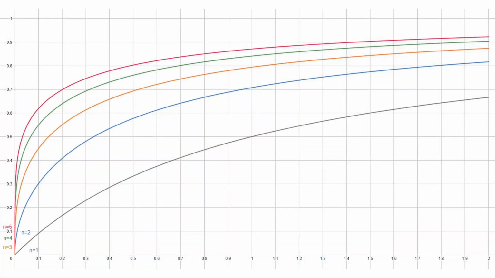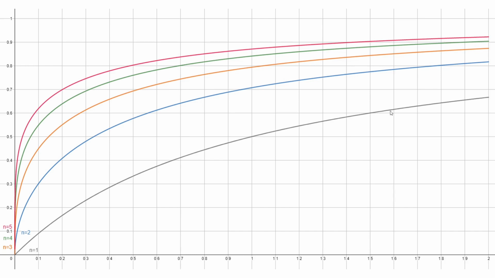In order to understand what this equation means, we can graph it against the bet size. So here we've got 5 different curves, and each of these curves represents the average folding frequency against a bet for the number of defenders n, from n equals 1 through to n equals 5.